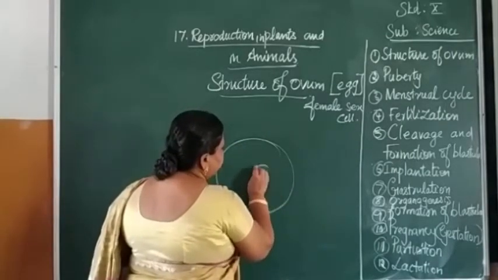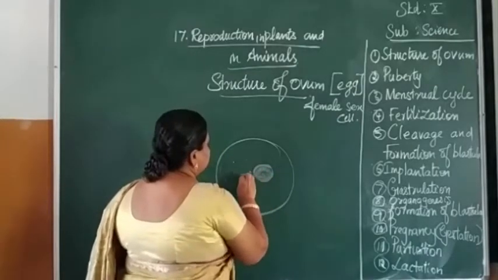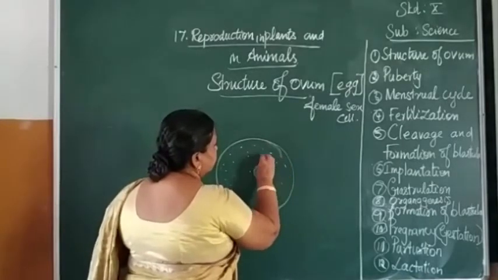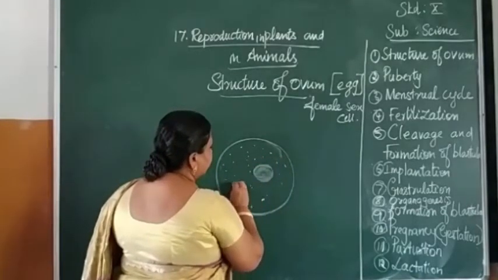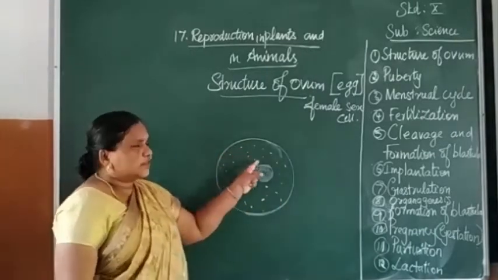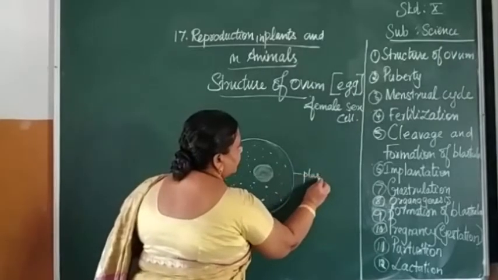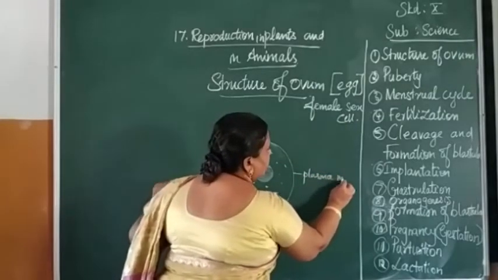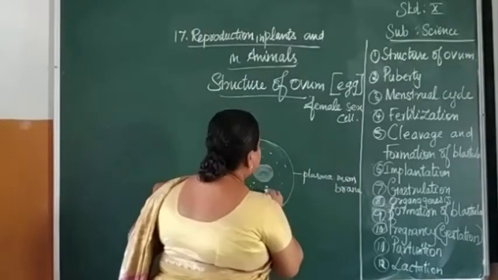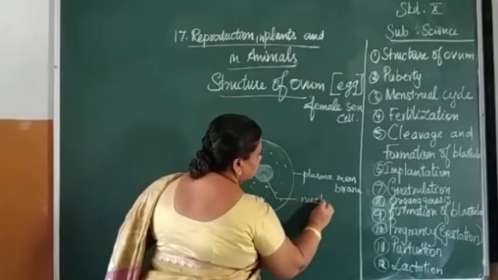Draw the diagram one time, you can get the practice. So the outer area is the plasma membrane, and on the inner side you can see the nucleus.